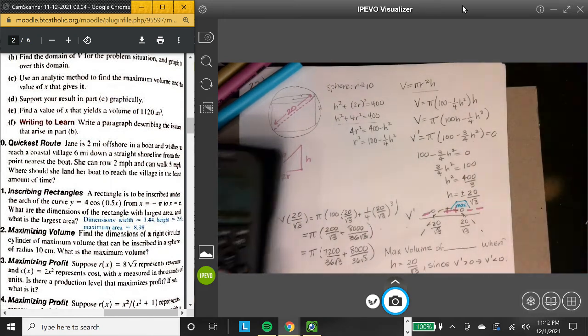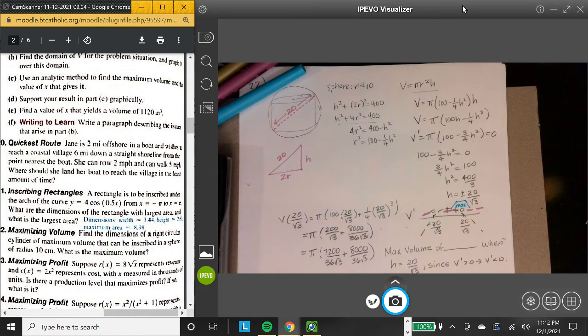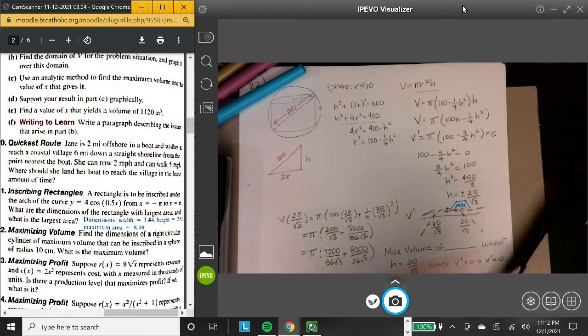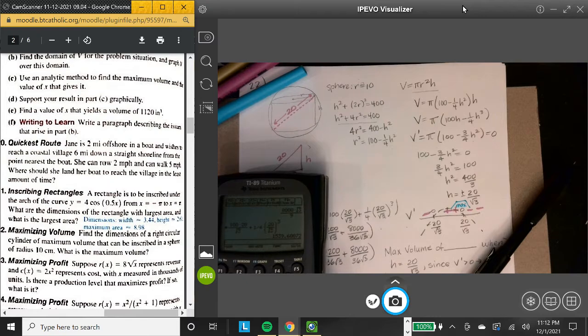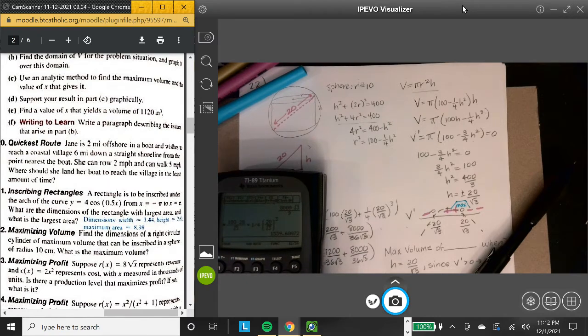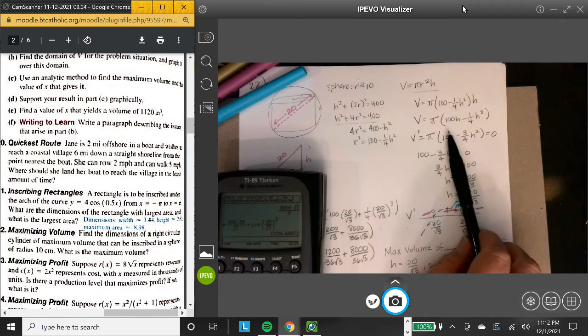I got that right. Okay, so I got to take that h and plug it in to my equation, right? So let's plug it in. I'm going to plug this equation into my calculator.